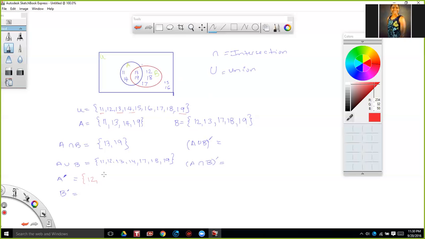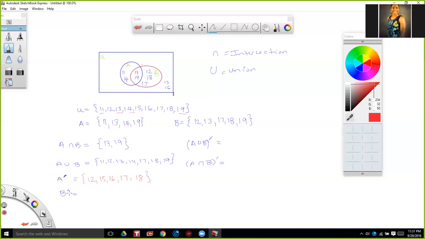So I would have 12, 15, 16, 17, and 18. These are the elements that are not part of A, so that's A prime.